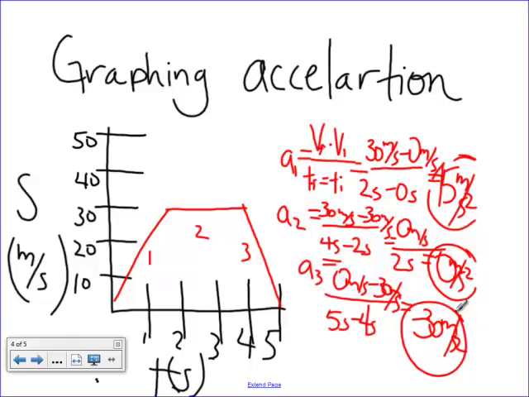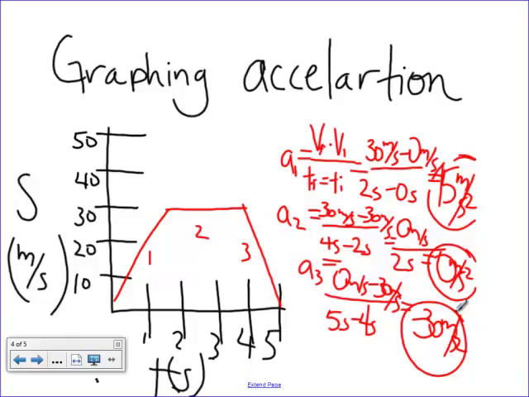They have a constant speed, so they're not accelerating if they're going in the same direction. And then once they've gotten to their destination, they put the brakes on and have a negative acceleration or deceleration and quickly come to a stop. So that is an example of what is happening in those graphs.